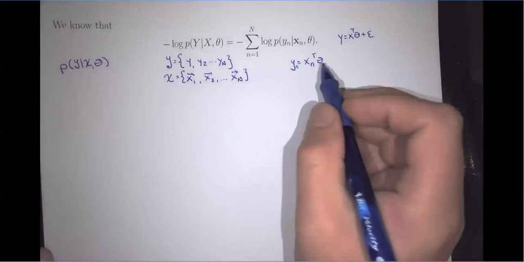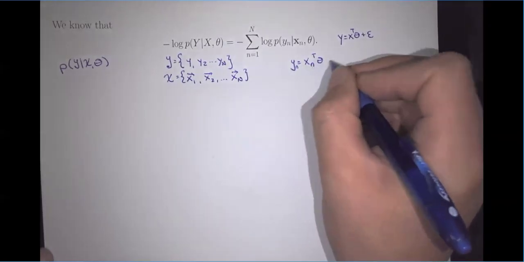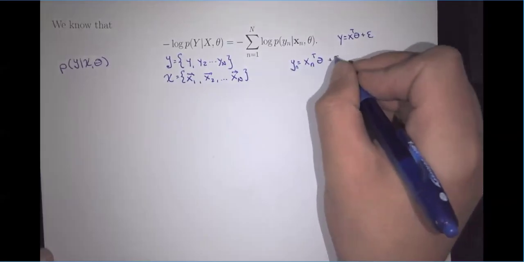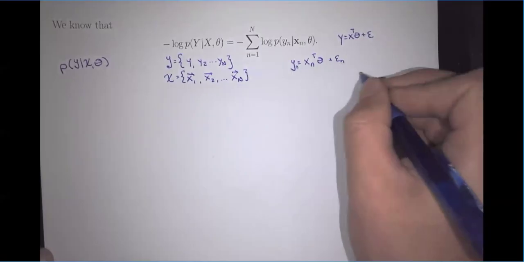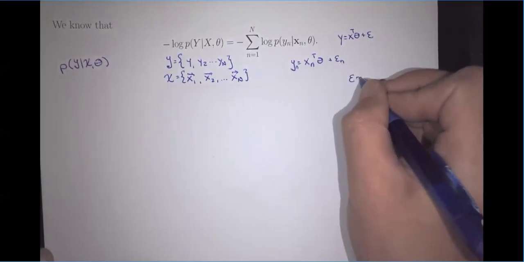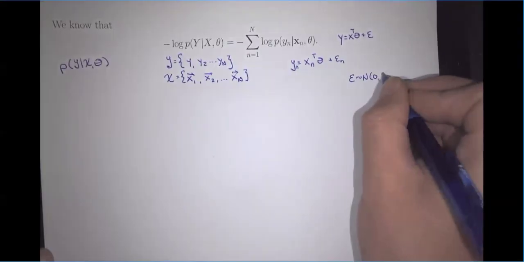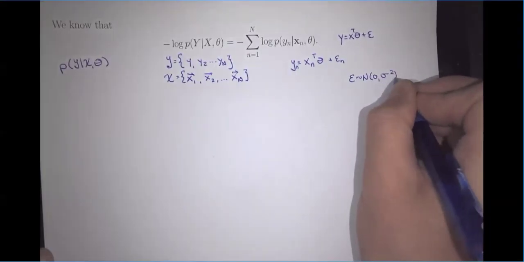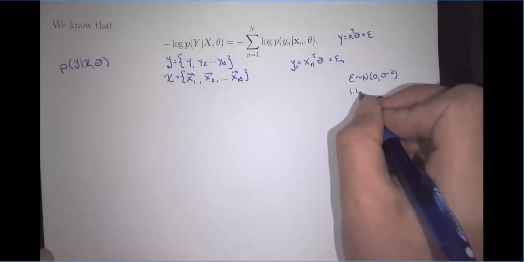At each line, yn is equal to xn transpose theta plus some error. And our errors, in this case, are going to be normally distributed with mean 0 and variance sigma squared. Our errors are independent, identically distributed.